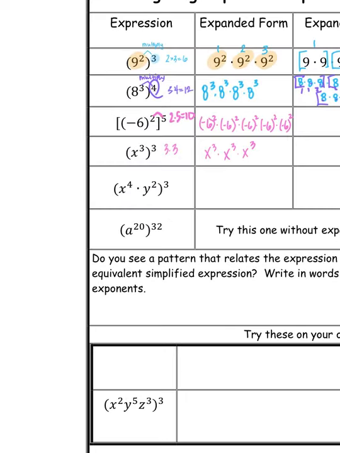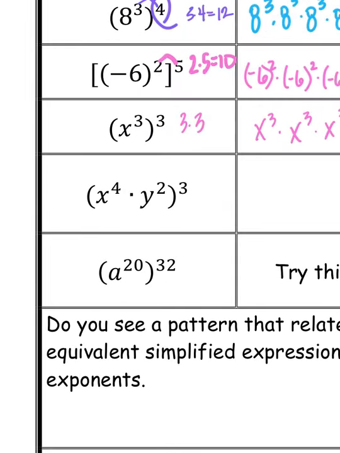Okay, so here's where it's just a little bit different. We have an x and a y. So when we have more than one thing on the inside of our parentheses that need to be to the 3rd power or cubed, we have to take that exponent and distribute it to all of the other exponents, okay?